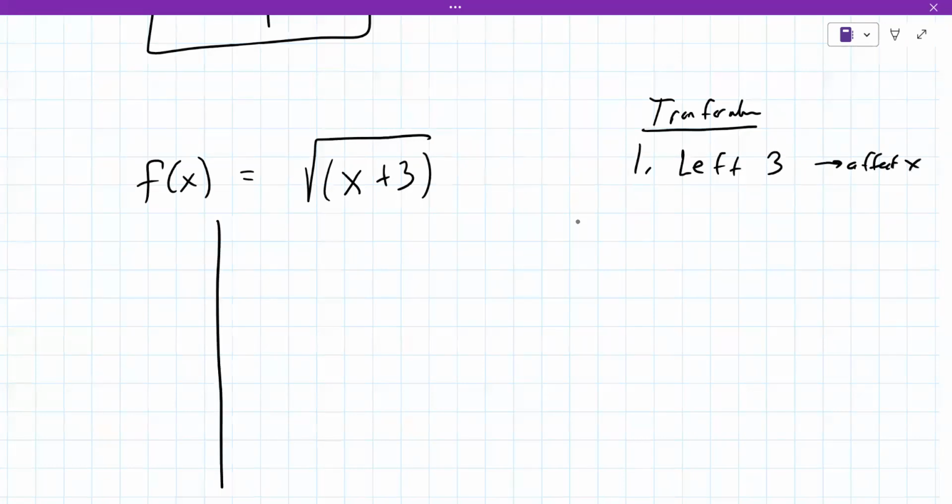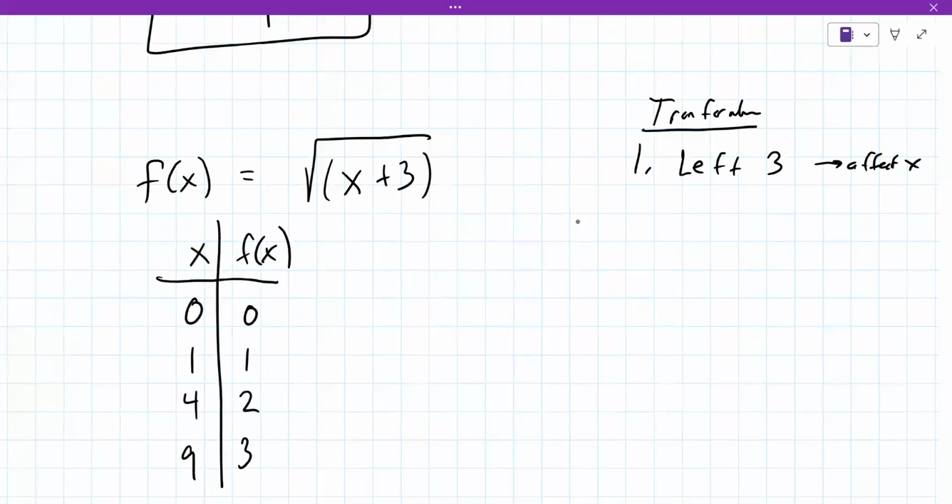So we're going to take our table. Our original table was 0, 1, 4, and 9, and that became 0, 1, 2, and 3. Now we're going to transform this by moving all the x values left 3. Left 3 means to subtract 3. So subtract 3 from each of these x values.